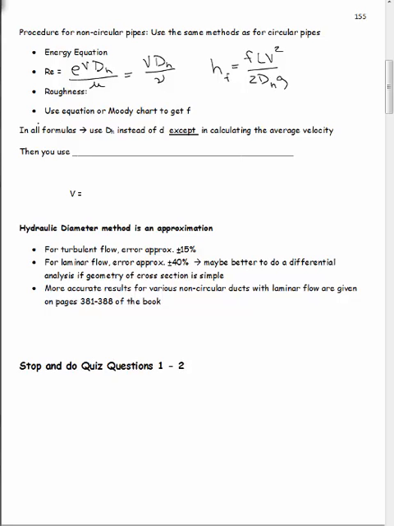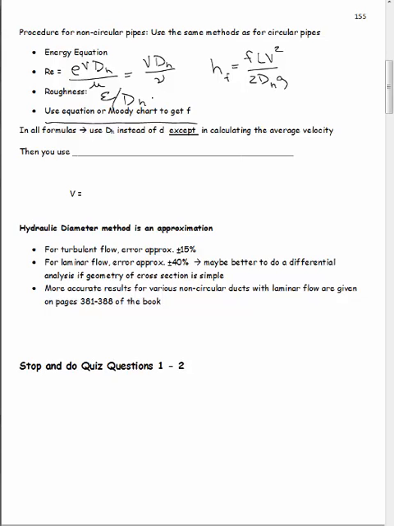Okay. You can use the Moody chart or the equation to get F based on the round pipes with the hydraulic diameter instead. Also on the roughness, epsilon over DH instead of epsilon over D. Okay.